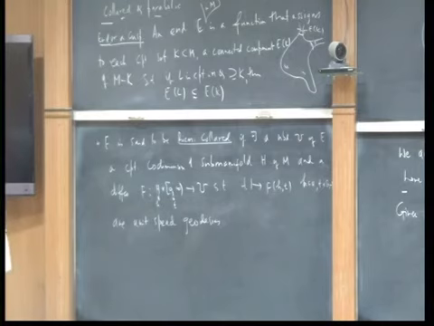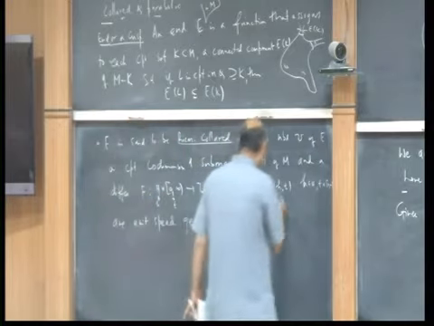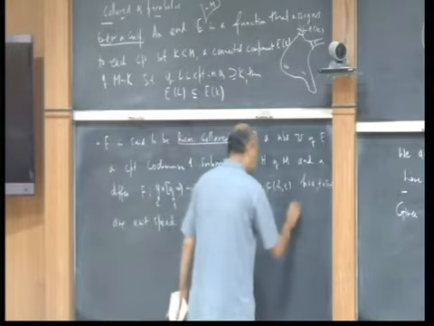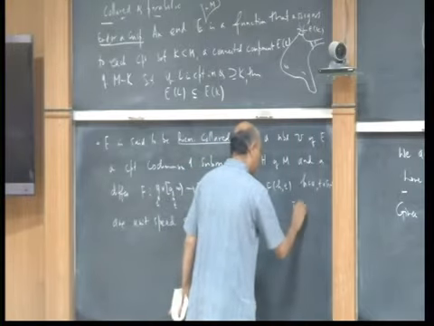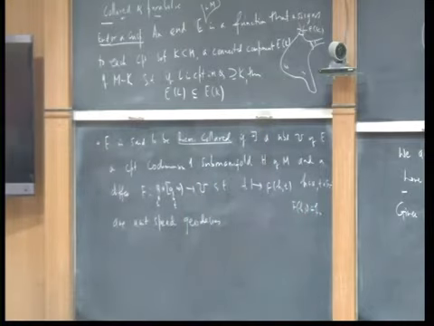I'll just vary T. So I'm saying that H is a submanifold, and F of h comma 0 is h. The curves start from H.